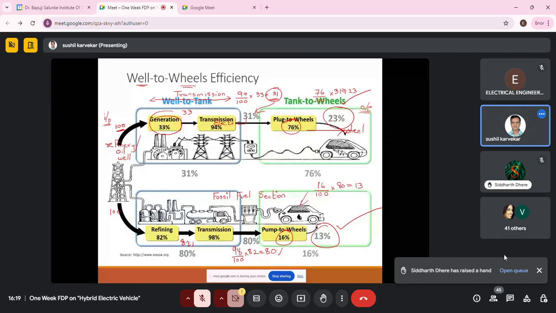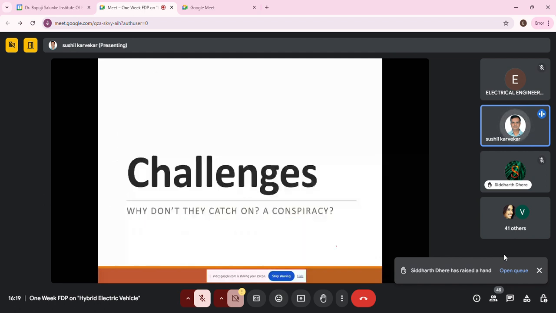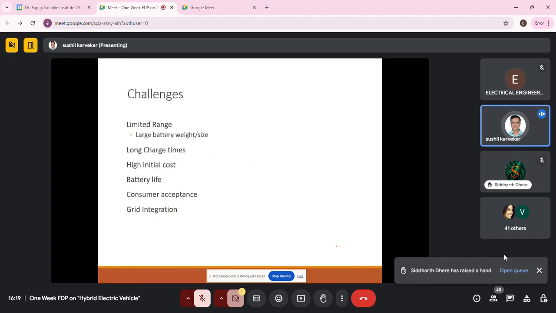All right. So overall, on one side we are having 23% and on the other hand we are having 13%. Now what are the major challenges that we need to address in case of electric vehicles? Long charge times, then there is high initial cost.